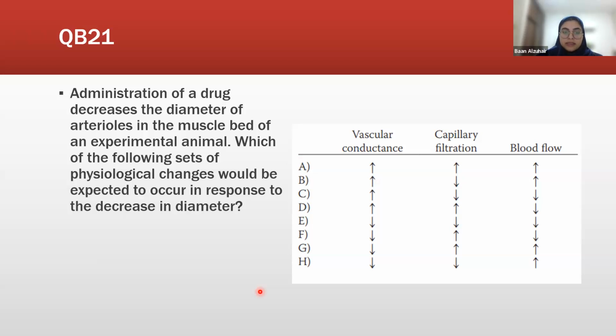MashaAllah, you guys are right. It is E. A decrease in diameter will mean a decrease in blood flow through that artery. Blood flow is also vascular conductance, so they're both going to be low, and capillary filtration will be low. This is literally the exact opposite of the question we had a few minutes ago. So it's good, you guys learned from your mistake.